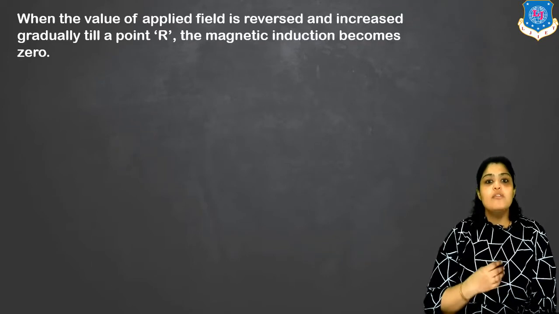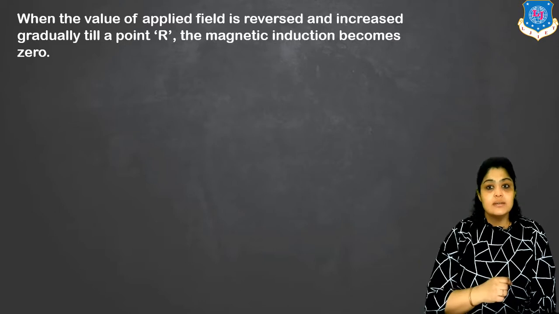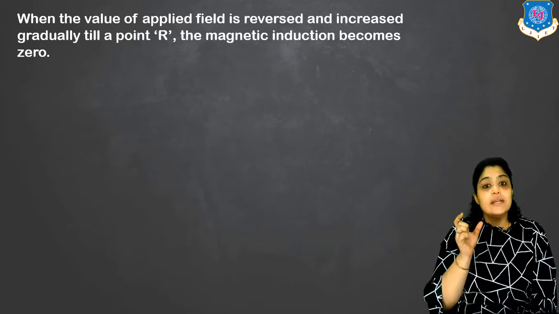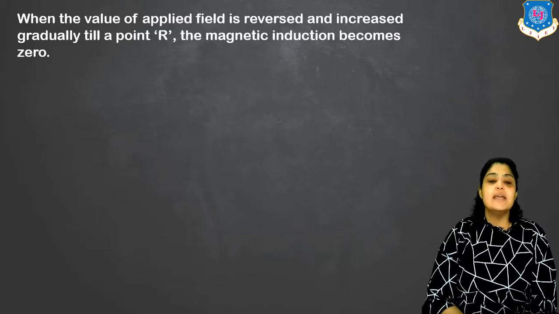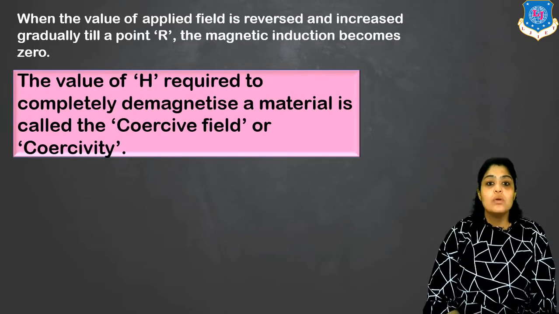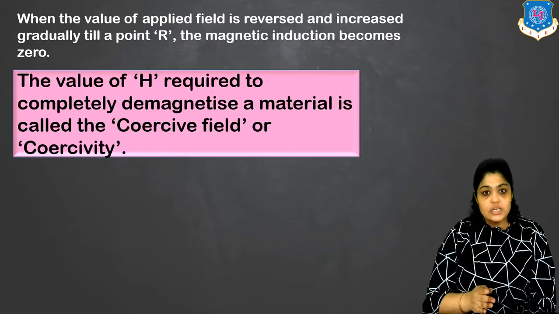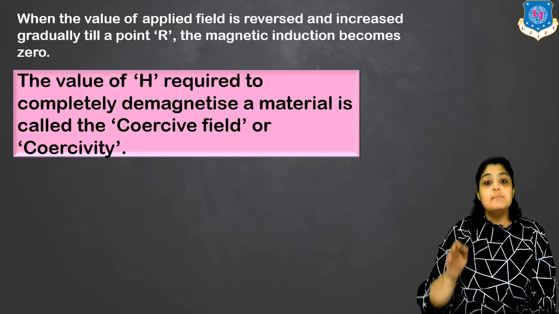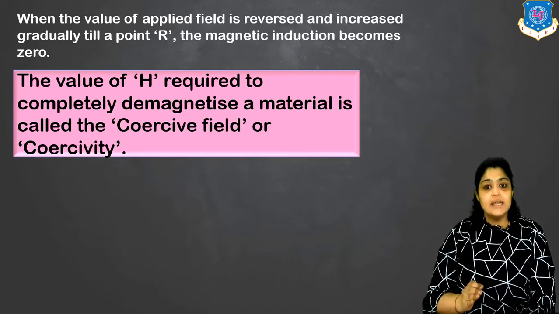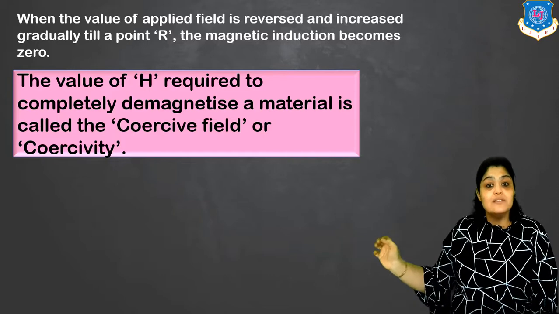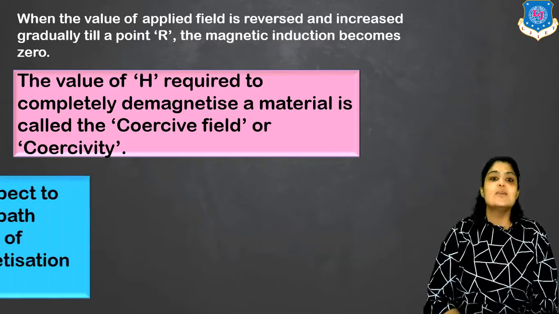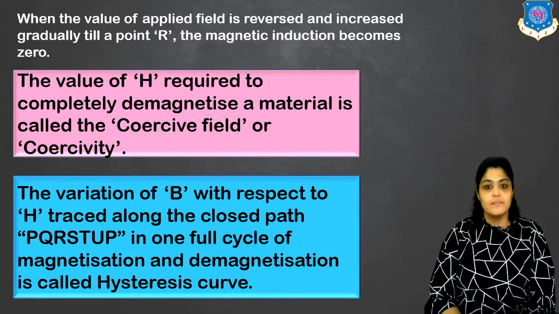When the applied field is reversed and increased in the opposite direction, at the point R we see that the magnetic induction becomes 0. So the value of H required to completely demagnetize a material is known as the coercive field, or the coercivity of the material.